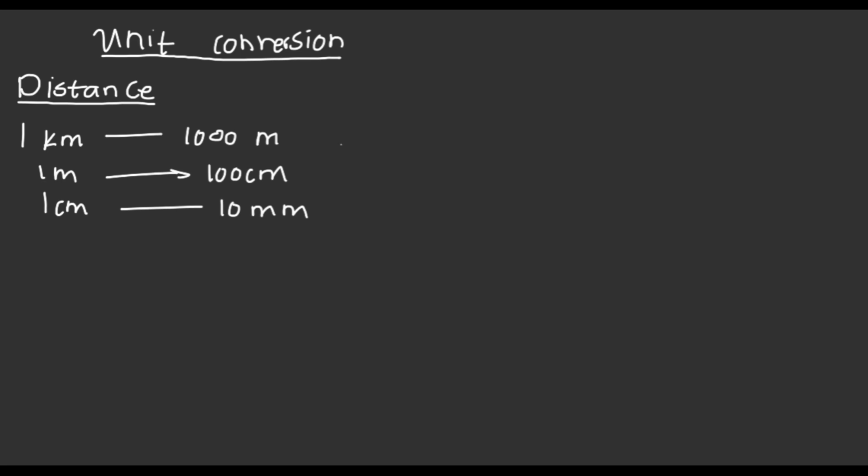Now, for example, let's say we are given a distance of 2.5 kilometers, and the question is maybe we need that distance in meters. So how can we convert the distance from kilometers into meters? Right, so we need to use the first conversion.